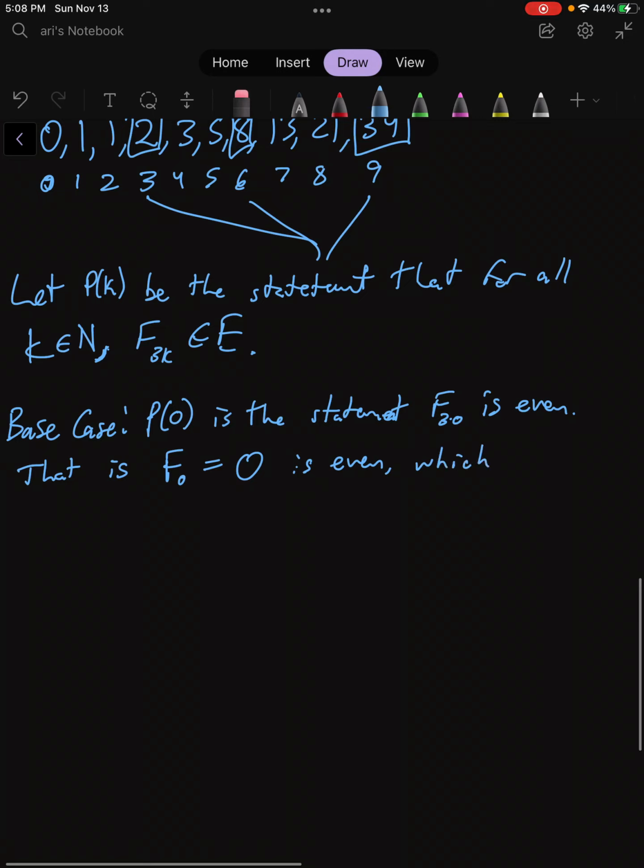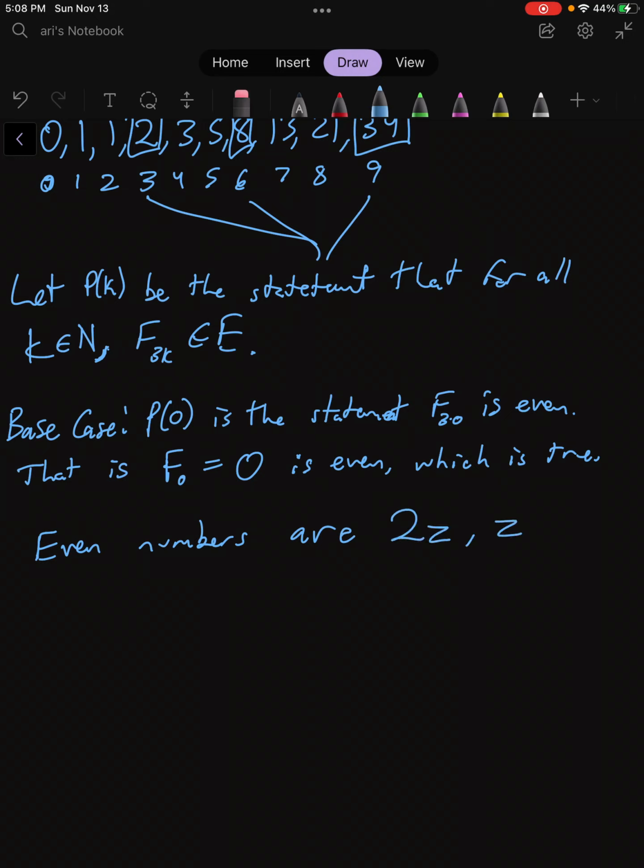And I had a couple of you asking me is 0 an even number? Remember, even numbers are 2z for an integer. It's 2 times an integer. 0 is an integer. 2 times 0 equals 0.